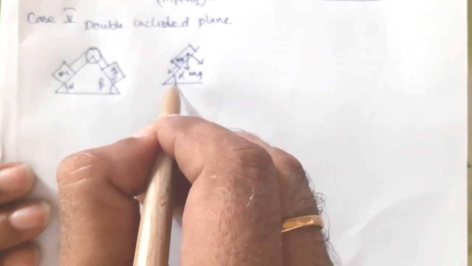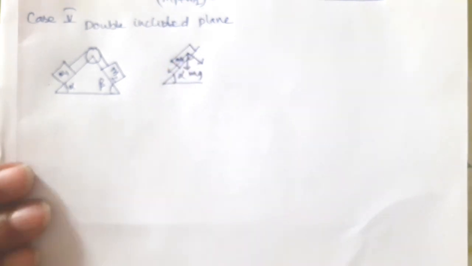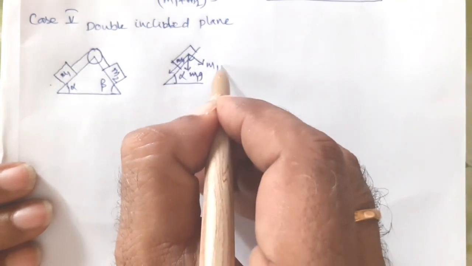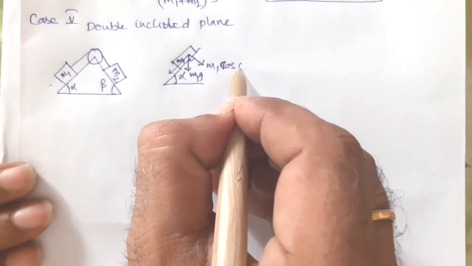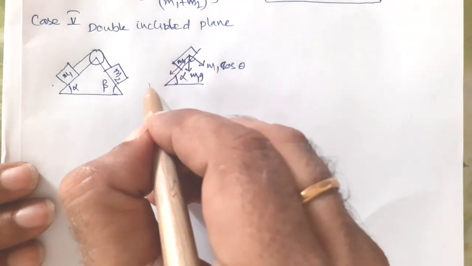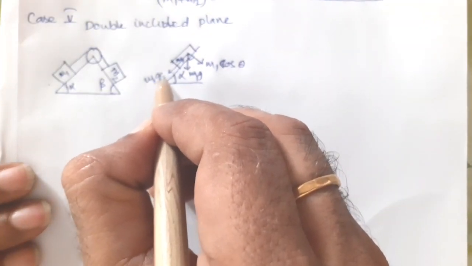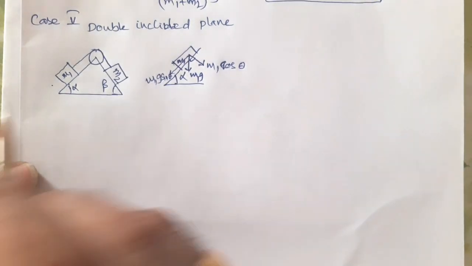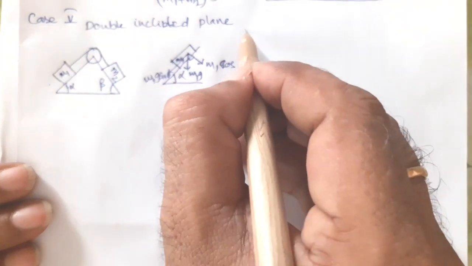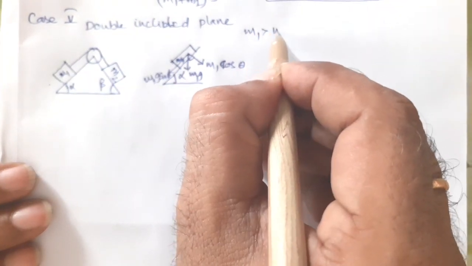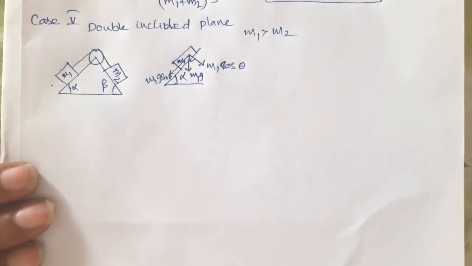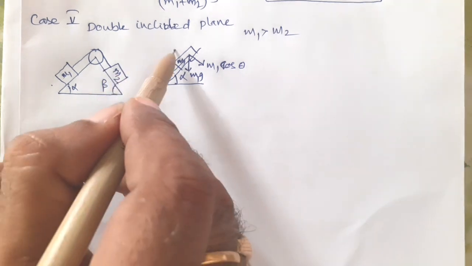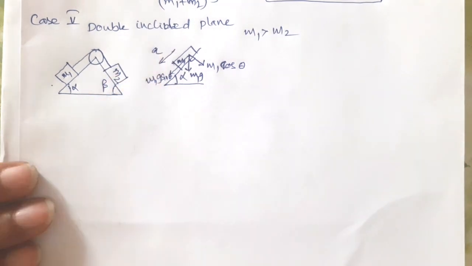If the angle is alpha, this angle is again equal to alpha, so this component is equal to m1g cos alpha, and this component is equal to m1g sin alpha. And here I consider again, as usual, m1 is greater than m2, so this body moves in this downward direction, so the acceleration of the body is in this direction.